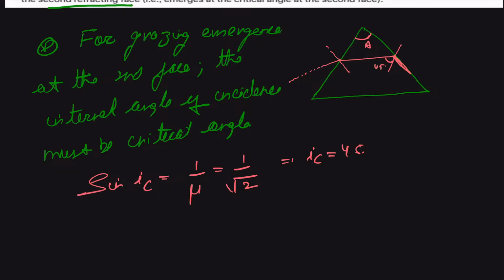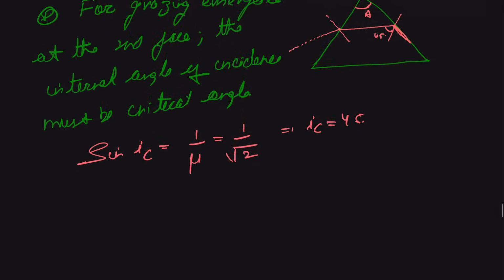Now, from the geometry of the prism, let us suppose this is our R1 and this is our R2, then the summation will be equal to the angle of the prism.